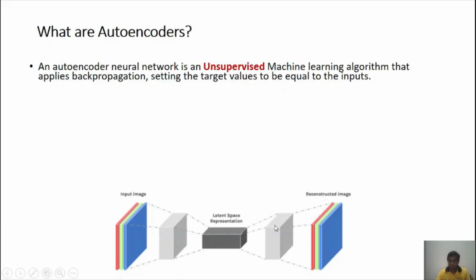This is very similar to what you will find in, say, data compression or in dimensionality reduction. So this is similar to other data compression or other dimensionality reduction techniques that you may have seen, like PCA.